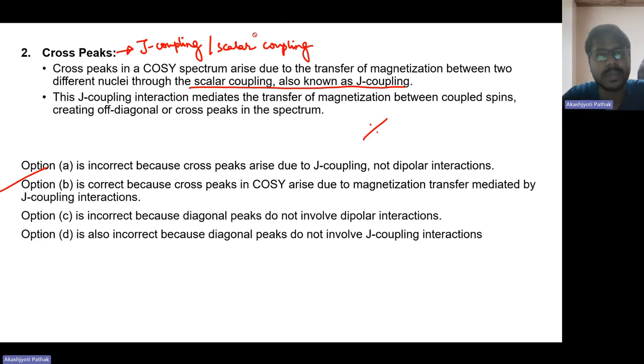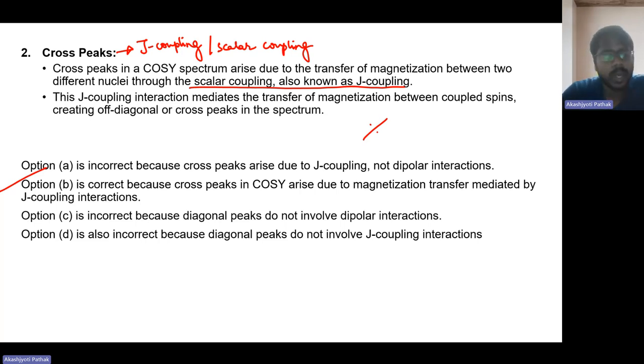So I hope this session proved to be useful. Today I discussed the concepts related to 2D NMR: what is the general mechanism of a 2D NMR experiment, and what are the different steps in it, like preparation period, evolution period, mixing period, and detection period. Then we particularly took one of the 2D NMR experiments, that is COSY, correlation spectroscopy.